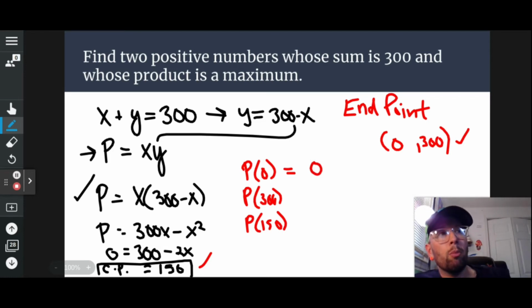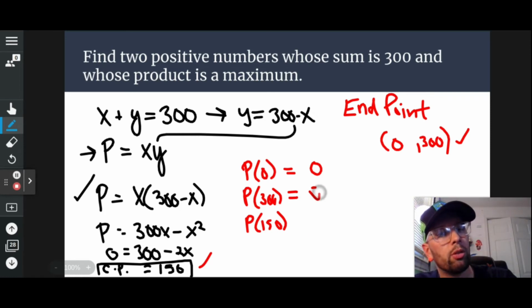My sum would be 300, but my product would be 0, because I'm saying let's take 300 and multiply it by 0.0000000. At that stage, that's like nothing. If I tried 300, I would get 300 times 300 minus 300, which is 0. So the whole thing becomes 0.